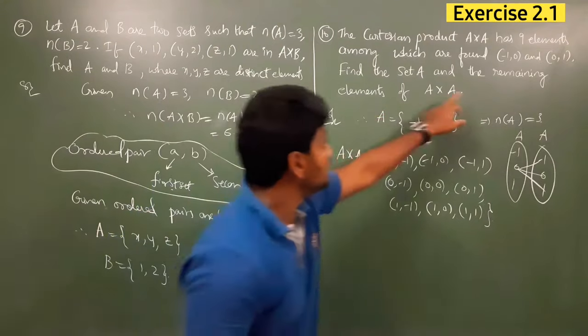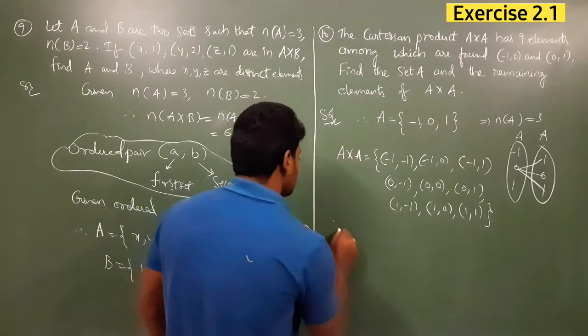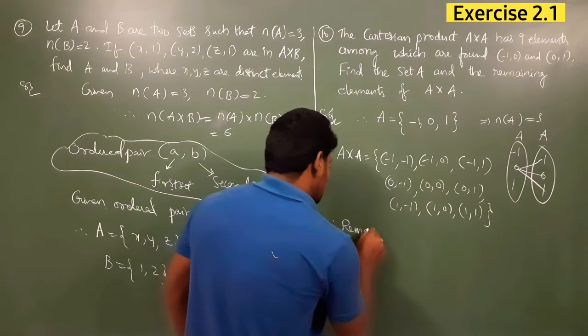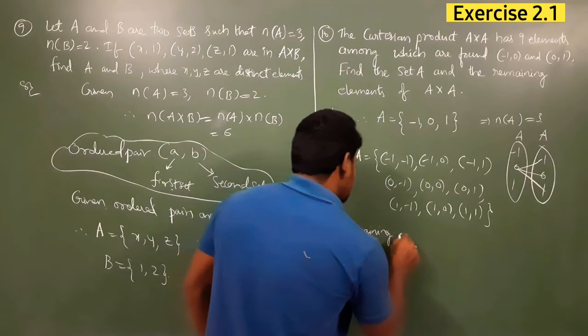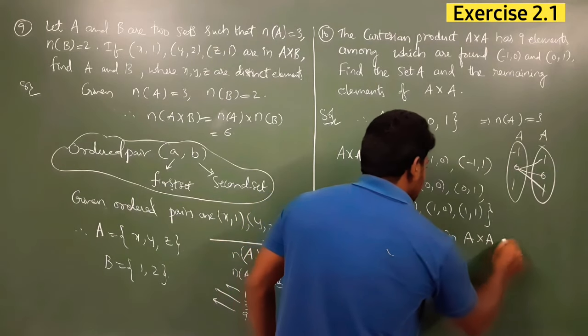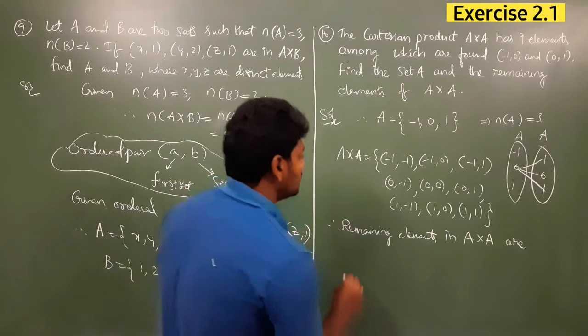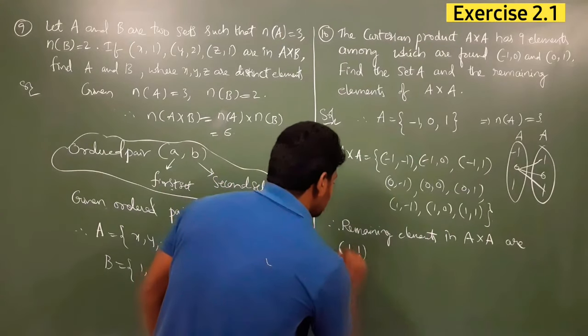But what do they ask? The remaining elements. They have given 2 elements. Therefore, the remaining elements in A × A are, what are the elements? (-1, 1) they did not give. So (-1, 1).